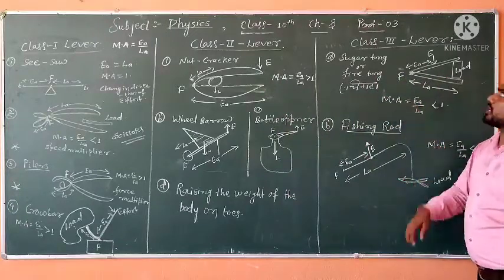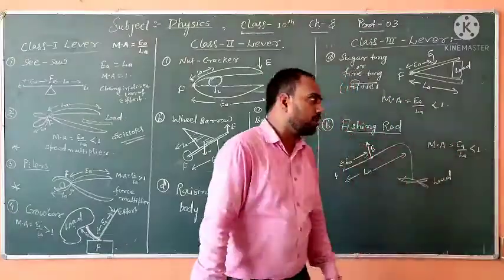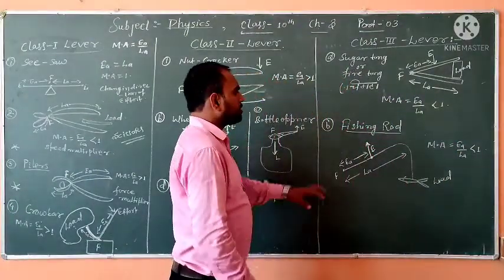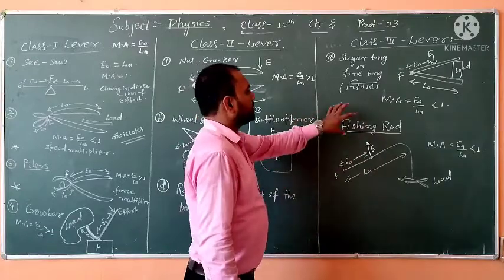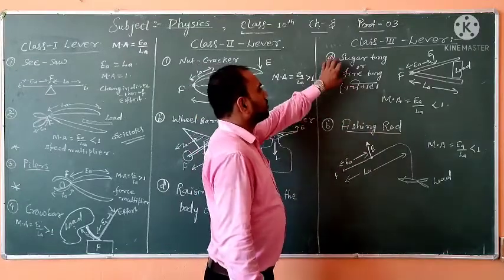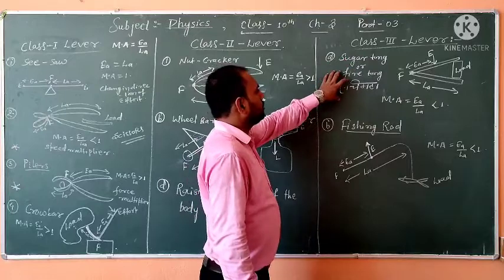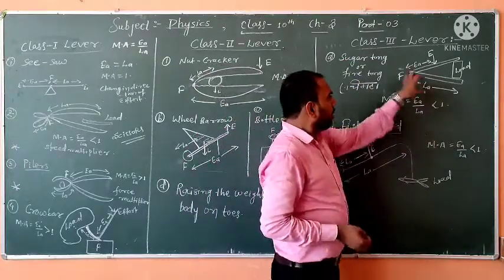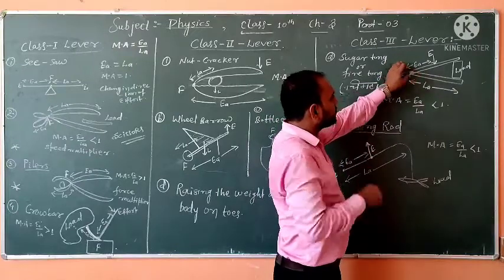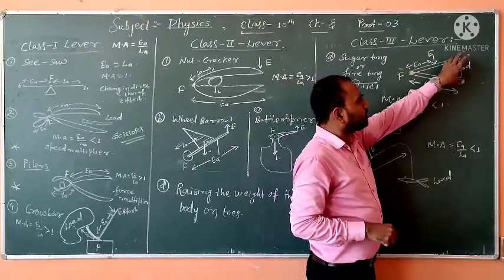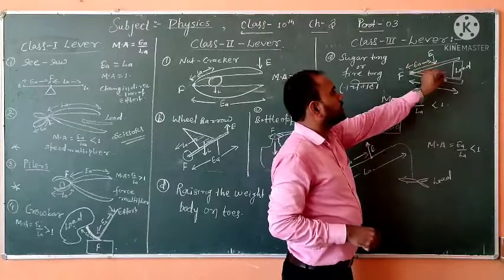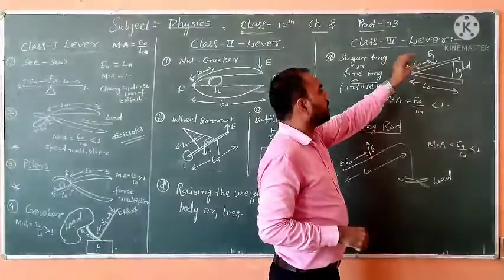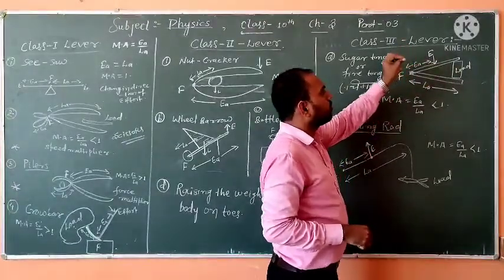Now coming to the third class lever. Here are some examples of the third class lever: for example, a fishing rod, sugar tongs, or fire tongs. In fire tongs, we put a load here to lift fire or burning coal.